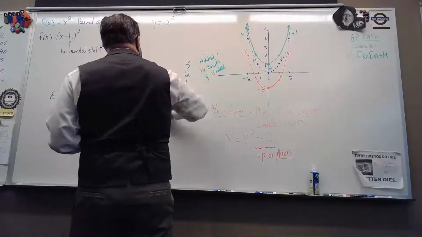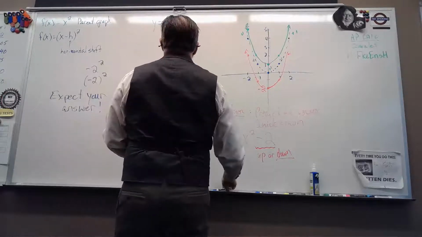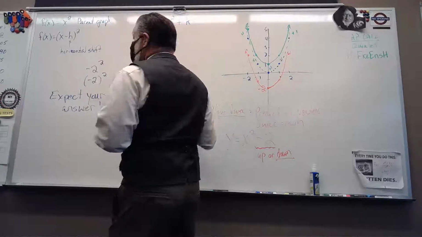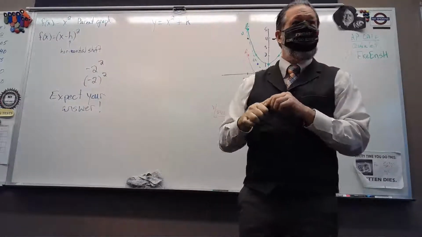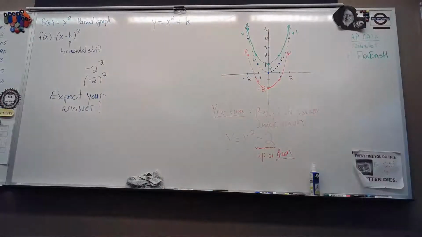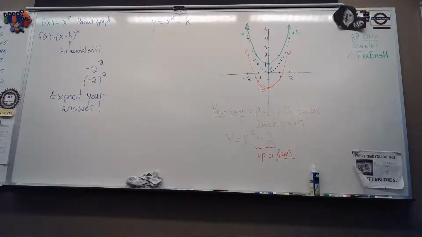You're going to need Desmos in your Chromebooks. Y equals x squared plus k. I want you to put that into the Desmos calculator. And when it says, do you want to make a slider for k? The correct answer is yes. Of course I want a slider. Why wouldn't I want a slider?